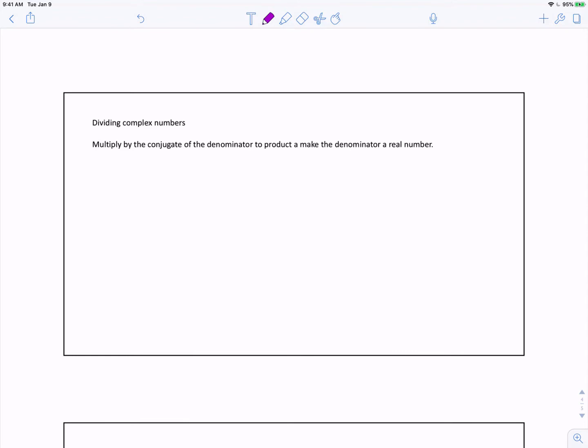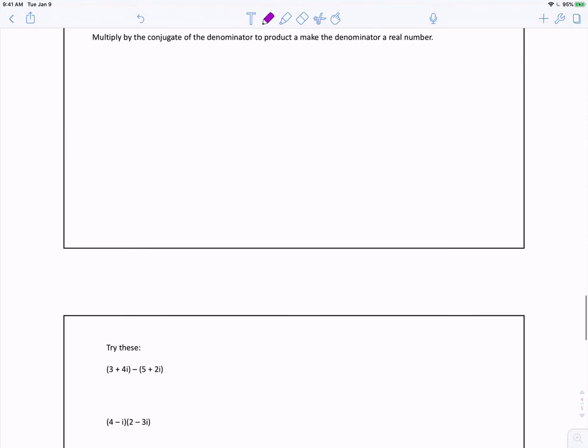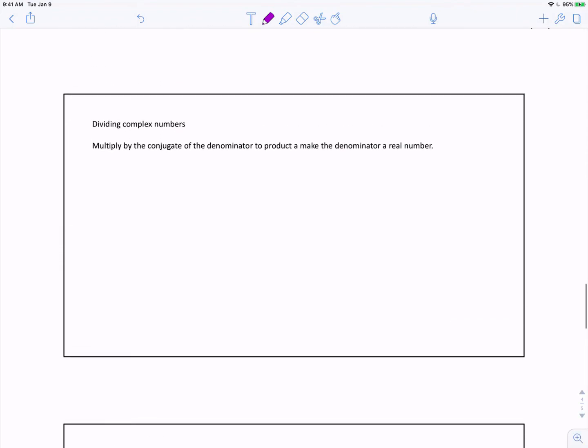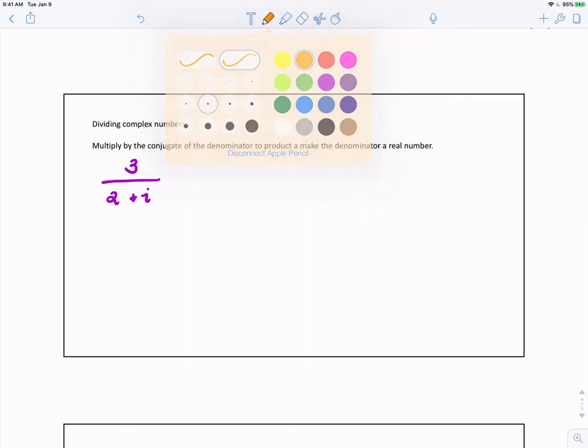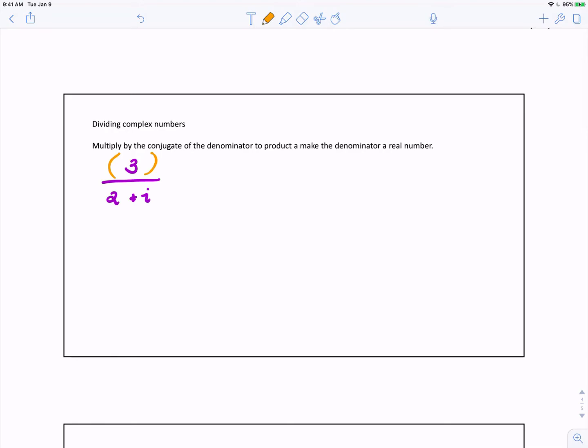So when you divide complex numbers, you multiply by the conjugate of the denominator to make the denominator into a real number. So for example, suppose we had something like 3 divided by 2 plus i.